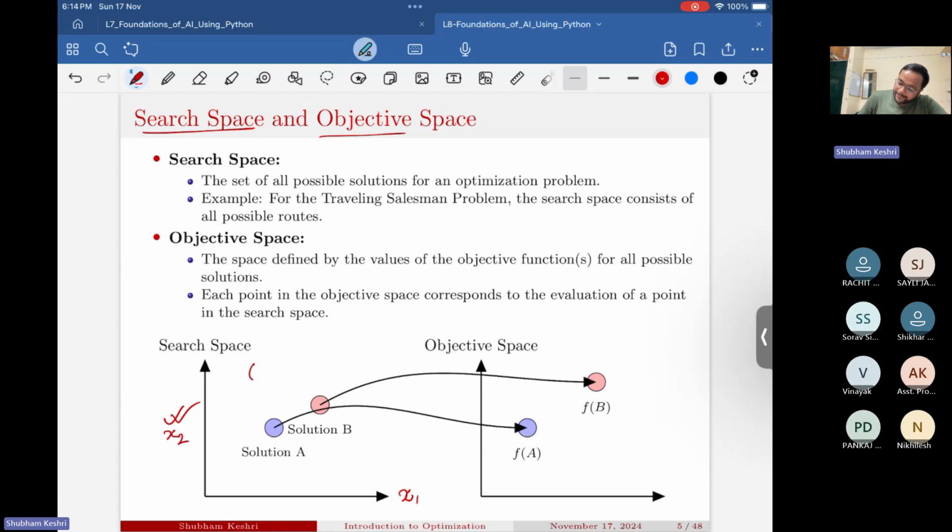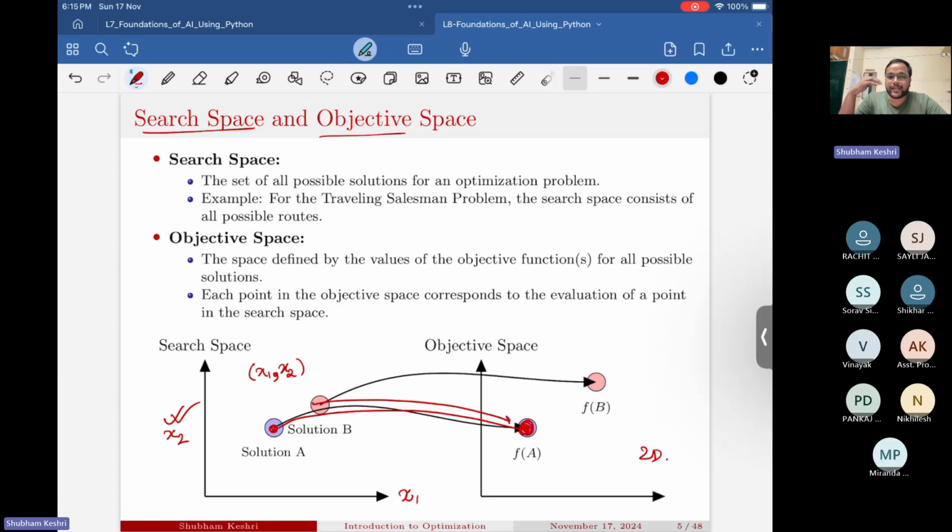So any solution is represented by x1 comma x2. Okay, and over here this objective space is also a 2D space. So each solution will give you one point in the objective space, and you can have multiple solutions pointing to the same objective function as well. So there can be multiple solutions which have the same objective function.